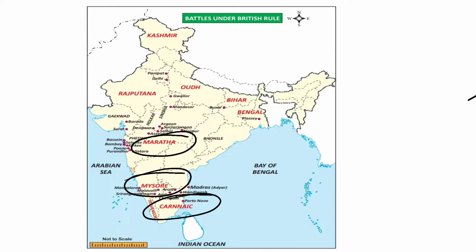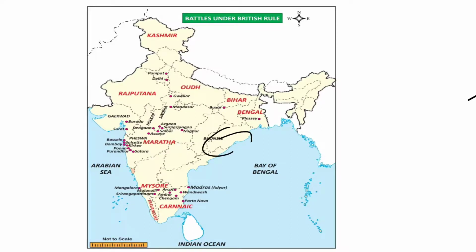These are the important places in southern India, and some places are Barnsley, Nagpur, Arakan, Surjakan, Salbai and Asai. These are important places under the Marathas controlled by the British.